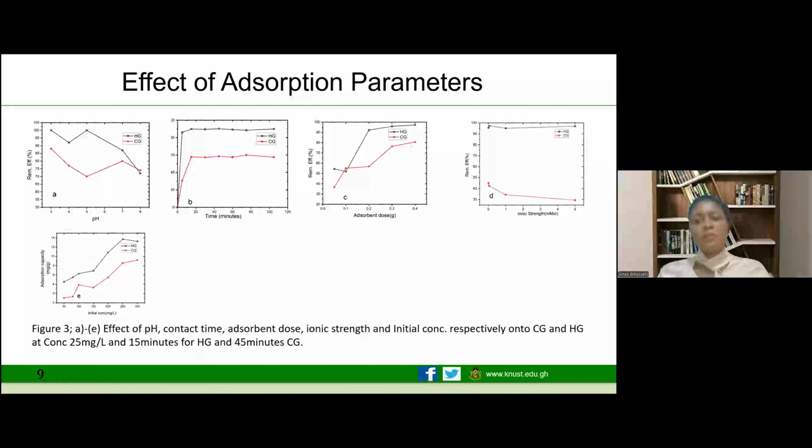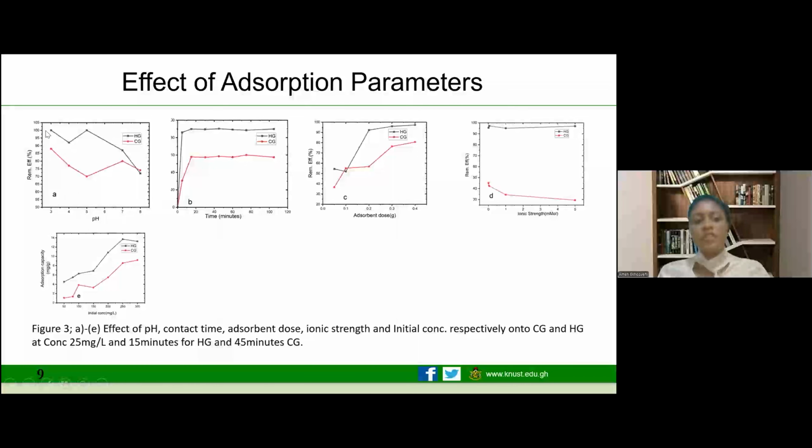We looked at the parameters: pH, contact time, the effect of adsorbent dose, the ionic strength, and the initial concentration. Basically, the process was majorly controlled by pH and initial concentration. As we can see in the graph for HG, as the initial concentration increased in milligram per liter, the adsorption capacity also increased. For the pH, as the pH increased, the removal efficiency decreased.